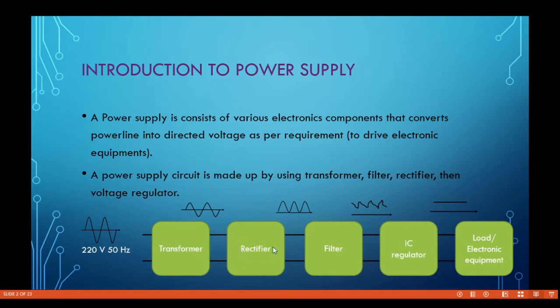The function of the rectifier is to rectify the AC component of the signal. It converts the AC signal into a DC waveform, AC to DC, by using the rectifier.